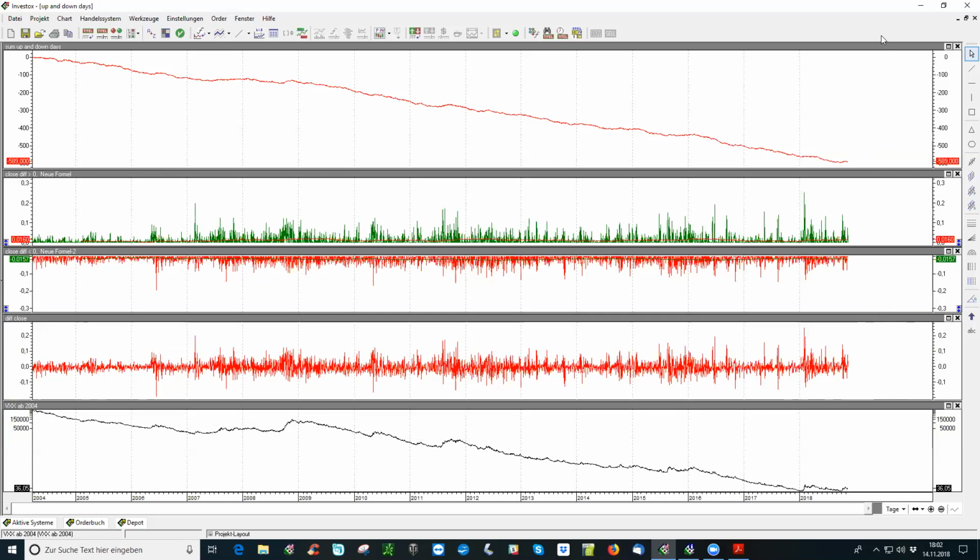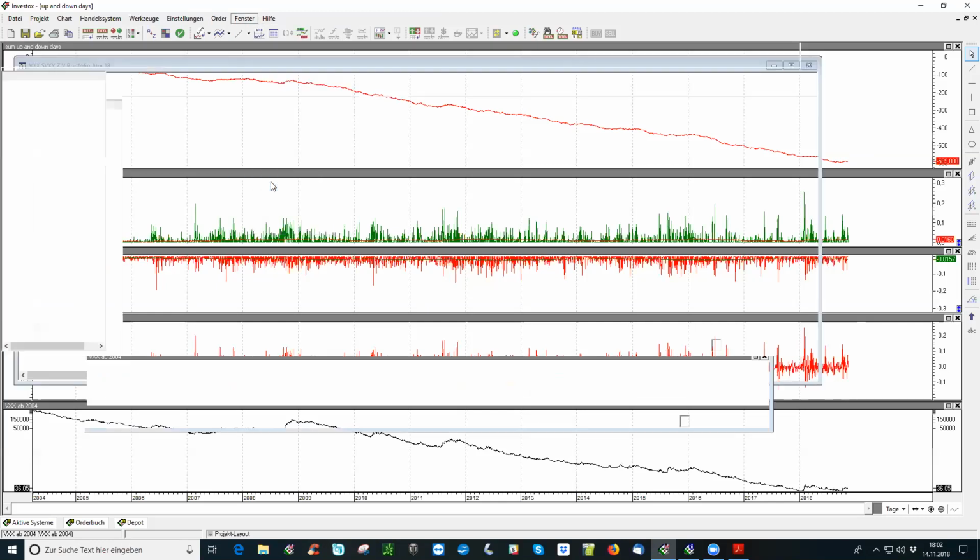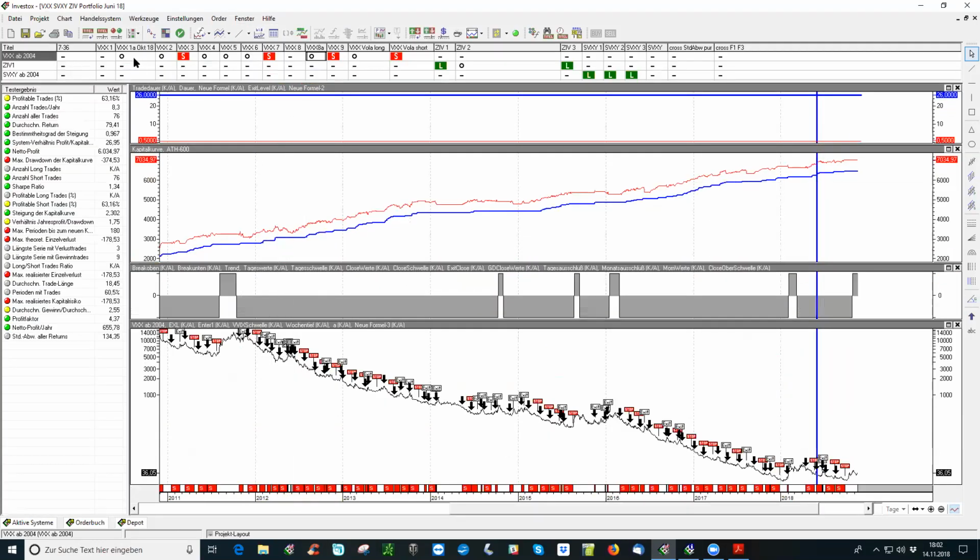Okay, to not confuse the people, it's going like this. Wait a moment. Here I have in total 16 systems. No, 17 systems, sorry. 3 systems on SIF, 3 systems on SVXY, and 11 systems on VXX.